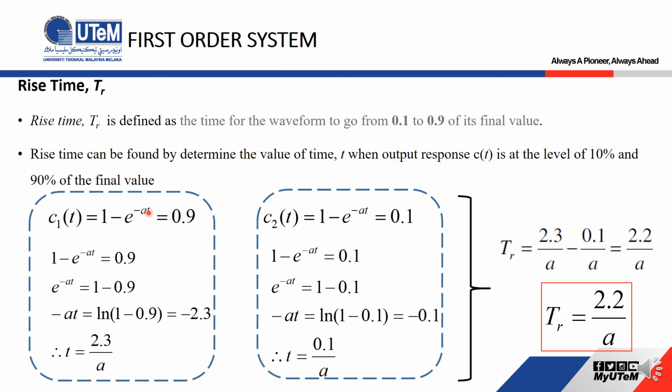As we already know, the response for the first order system is c(t) equals 1 minus e to the power of negative at. We can find the value of t by putting c(t) equal to 0.1 and c(t) equal to 0.9.